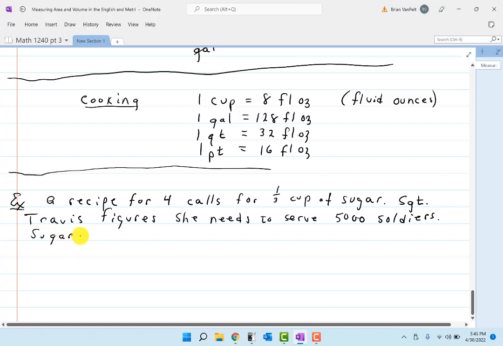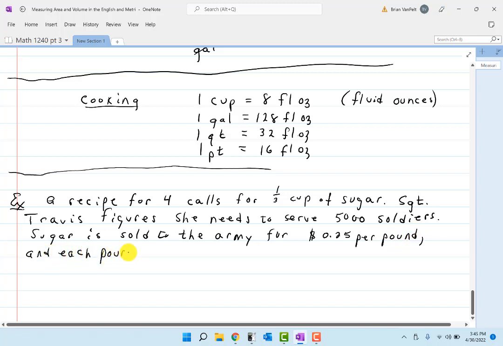Sugar is sold to the army for 25 cents per pound, and each pound is 2 1/4 cups.